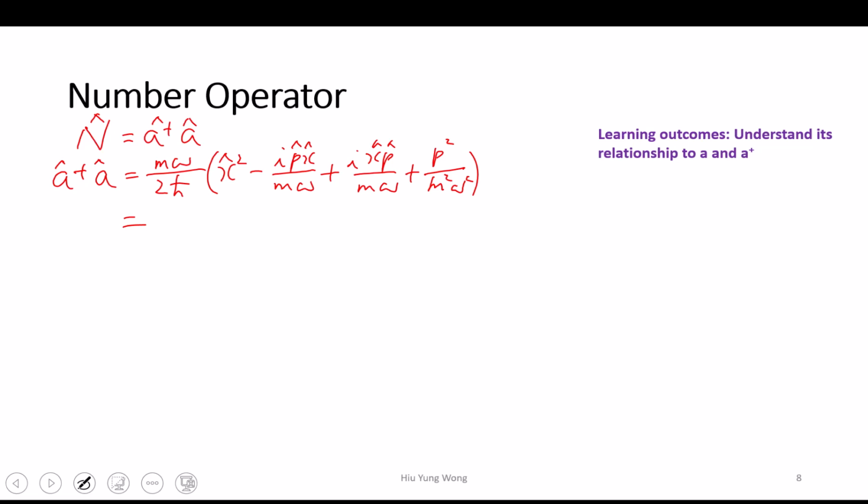Let me start with p squared, on the last term. What do I get if I do p squared? It becomes p squared divided by 2 h bar m omega. Is that okay? This one times this one, 2 h bar.